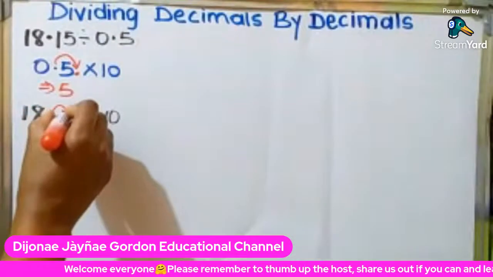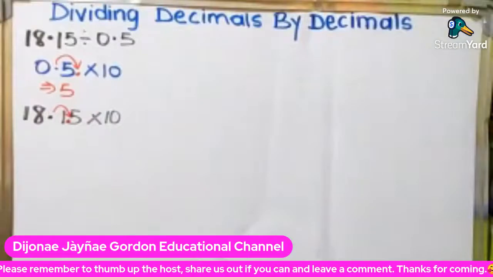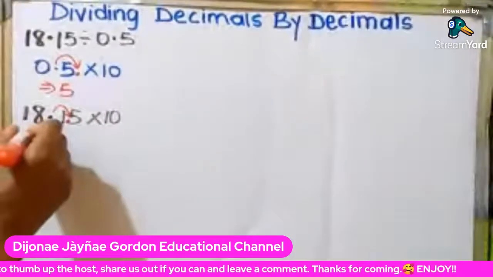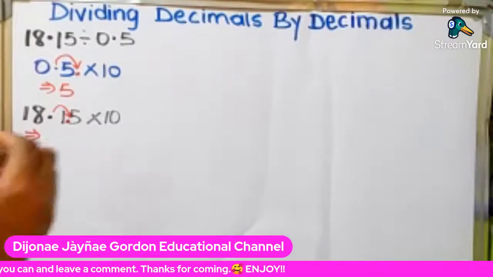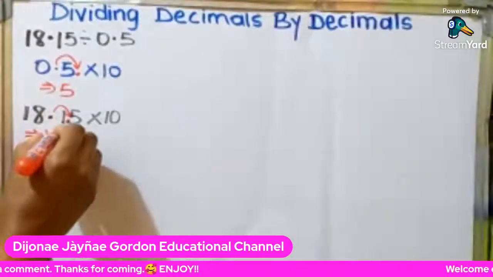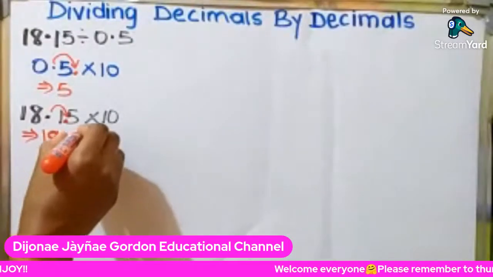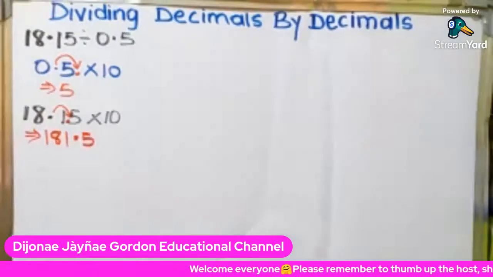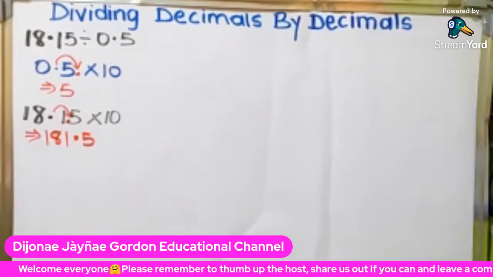So now the decimal point is going to come right there. So I am going to rewrite so that you can see what my dividend is looking like. So it is going to be 181.5.